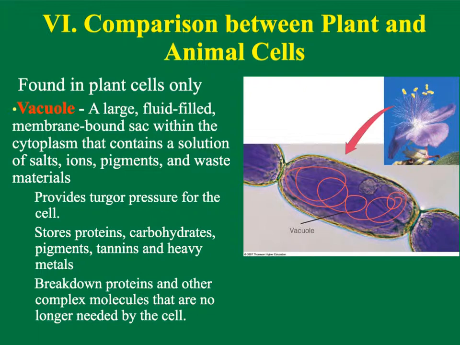This may make the plant toxic, and it also definitely deters herbivores. These plants are really useful in cleaning up contaminated soils, so we'll talk a little bit about phytoremediation later in the semester. Some non-plant cells may contain vacuoles, but they're generally much smaller than those of plant cells.